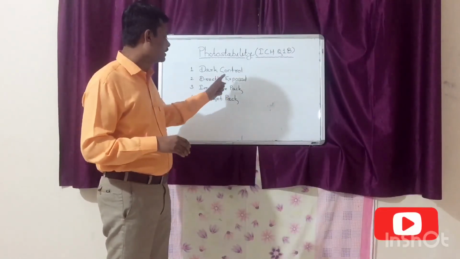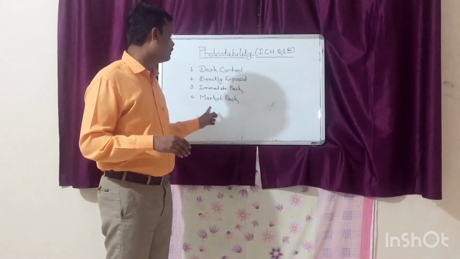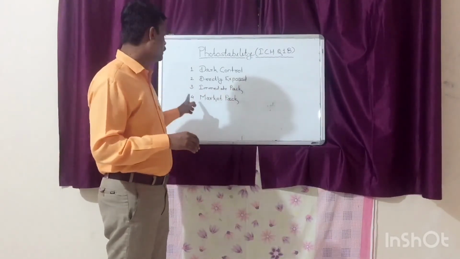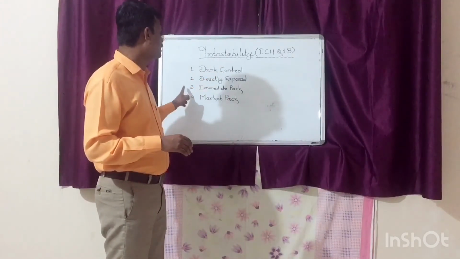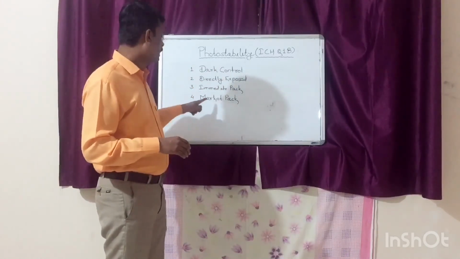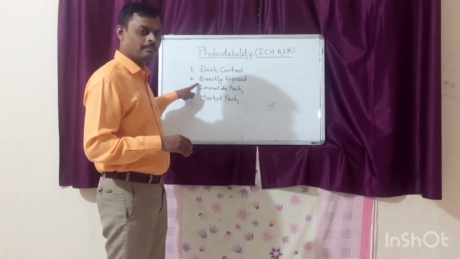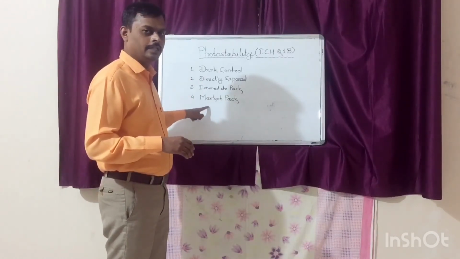So after redesigning of your primary and secondary packaging material or packing configuration, you have to reinitiate the confirmatory studies by following the same route. Analyze directly exposed sample first, then immediate pack sample and market pack sample.